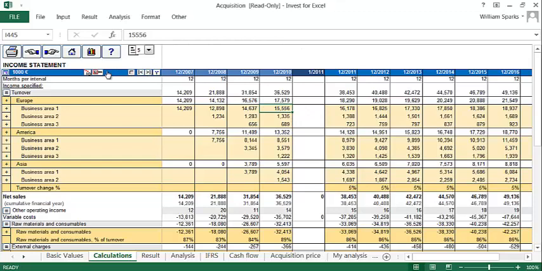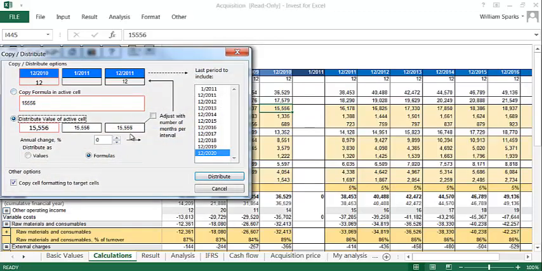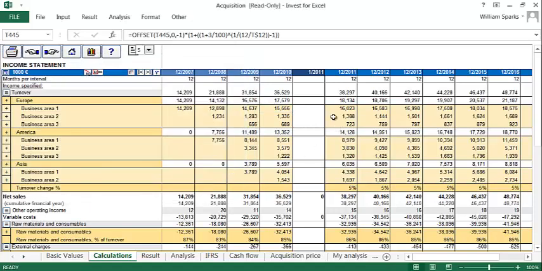You select that cell, and then the copy distribute button. How would we expect this business to grow? Let's say 3% annually. And distribute. And off it went.